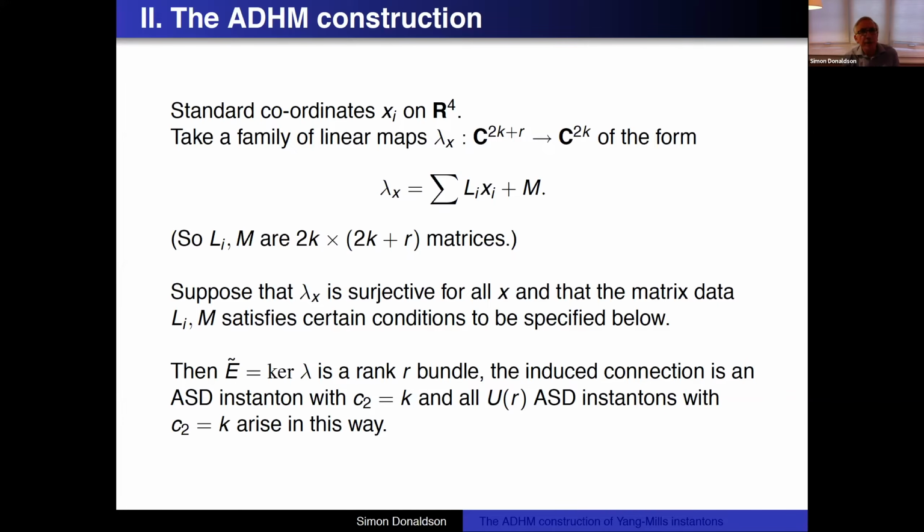So our nonlinear partial differential equation is solved in terms of very finite dimensional data, a collection of matrices satisfying some algebraic equations. And towards the end of the talk, we will come to write these equations in a more explicit fashion.